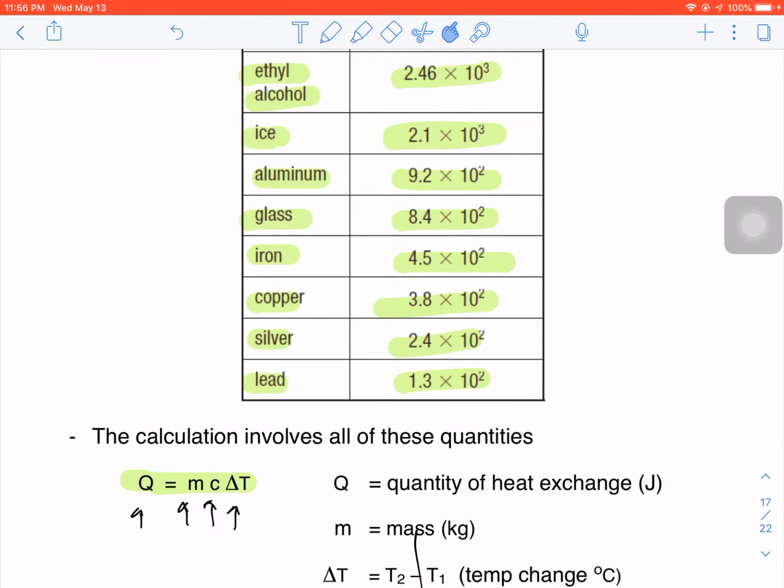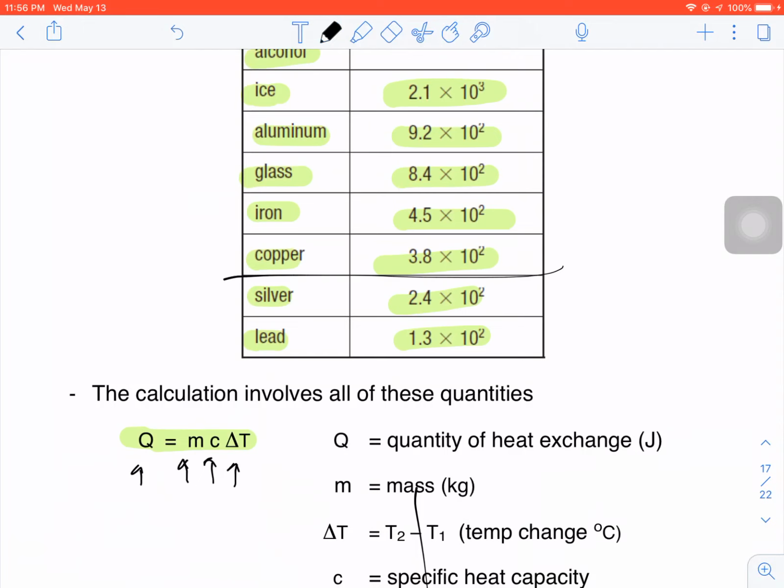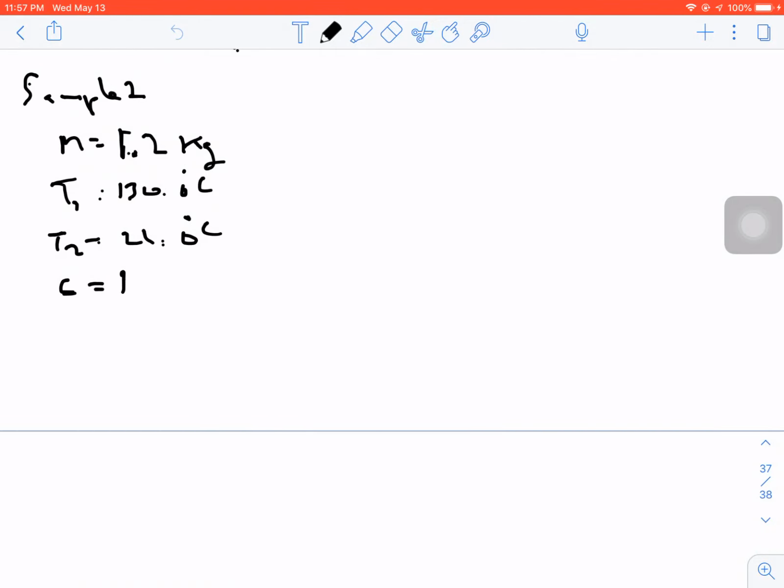The C value for copper is right here. It's 3.8 times 10 to the 2 joules per kilogram degree C. So the C for copper is 3.8 times 10 to the 2 joules per kilogram degree C. Now, I'm trying to figure out what is Q. How much energy change is there going to be?